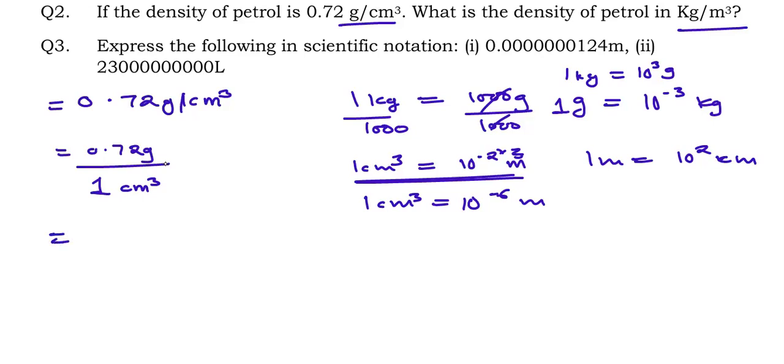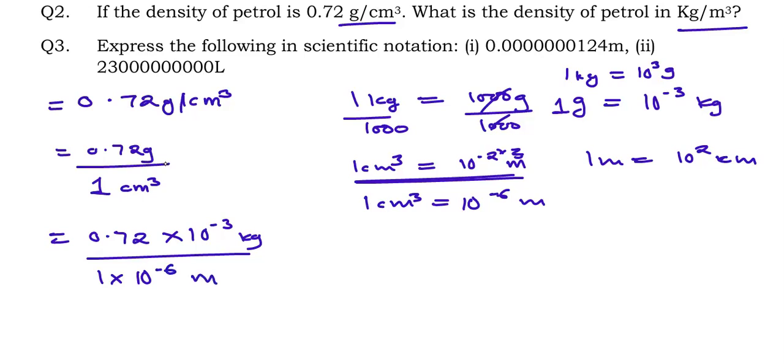We are going to say 0.72 multiplied by 10 to the power negative 3 kg here, over, now here I multiply by 1 times 10 to the power negative 6 meters. You can even see now we have kg per cubic meters.